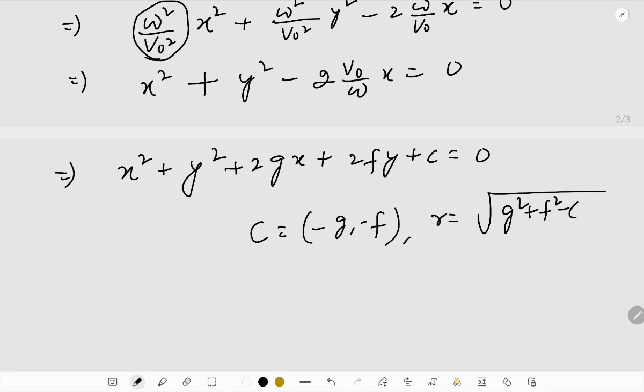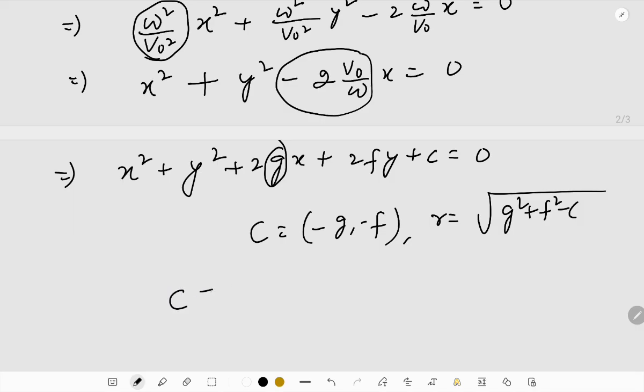You can see here f is missing, f is equal to 0, c is equal to 0. Only the value of g is here, and the value of g is simply minus v naught by omega.